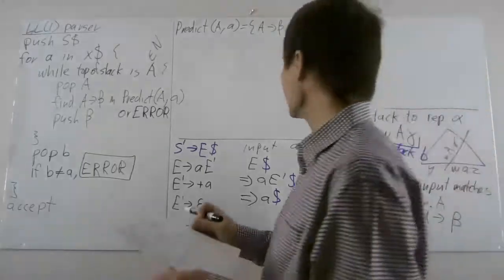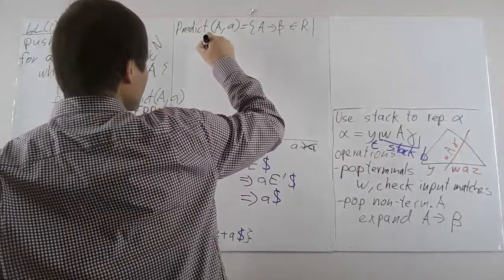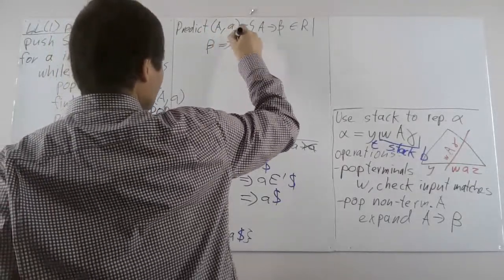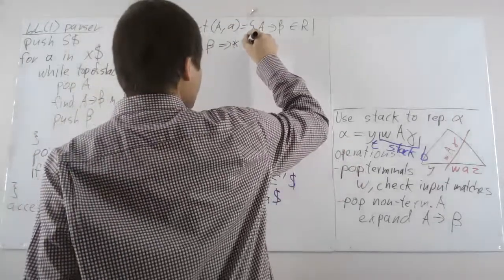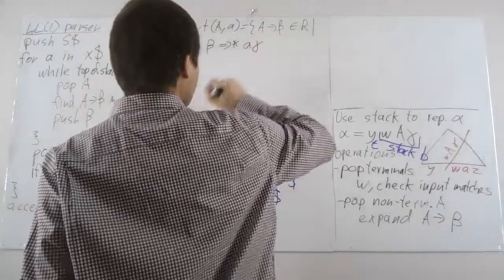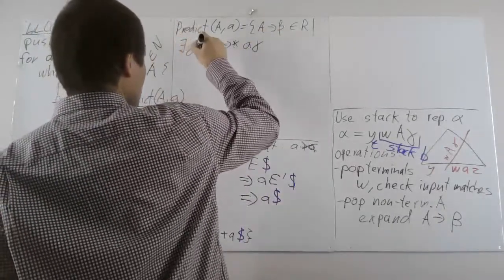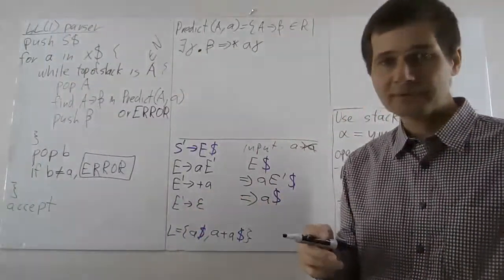So really, the condition for pushing beta onto the stack is to say that beta should derive something that starts with A. So I'm going to say there exists a gamma such that beta derives A gamma.